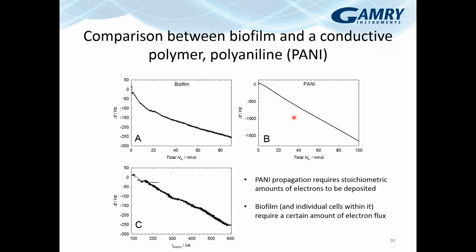So you would expect that if you plotted frequency shift with the amount of charge passed, you'd get a straight line. This is true for depositing copper and other films, but in the case of biofilms and cells that are actively respiring, you won't get a linear response with the charge passed.